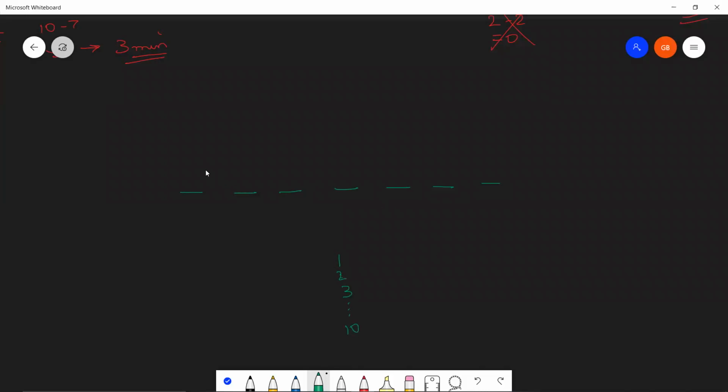So I'm going to pre-process this array such that, let's say that this point is L and this point is R, right? How I'm going to pre-process this array is very crucial to understand. Please pay a huge amount of attention over here, right?